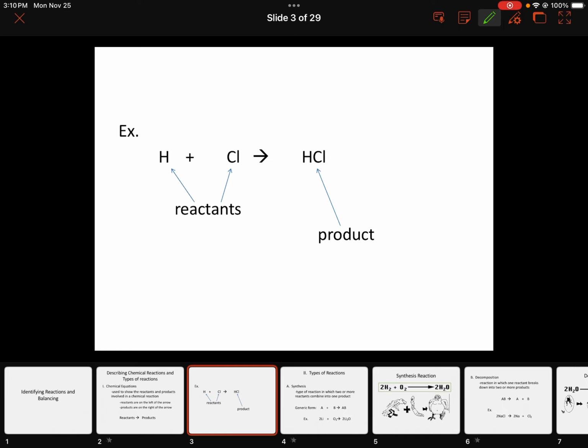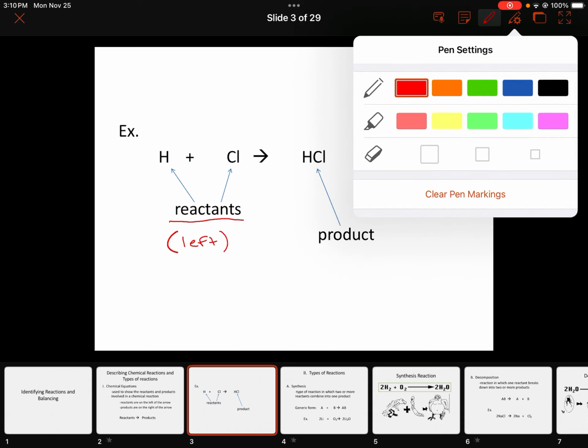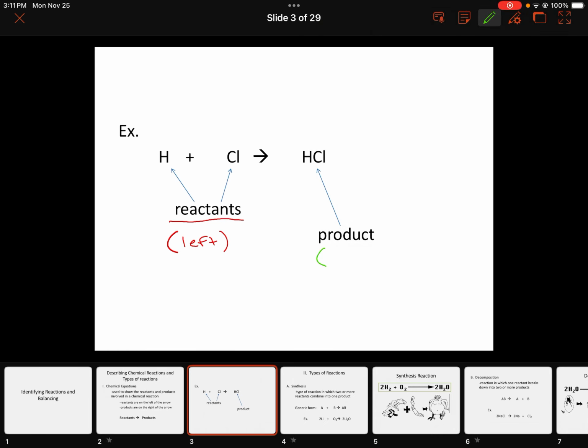And so here's an actual chemical reaction. Here you notice it shows that we've got the reactants over here on the left-hand side and the products over here on the right. So we have H, and in this case we know what these things are.